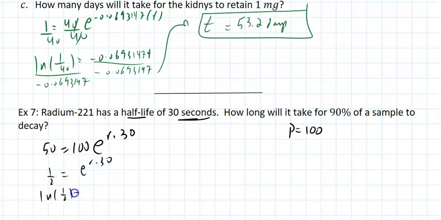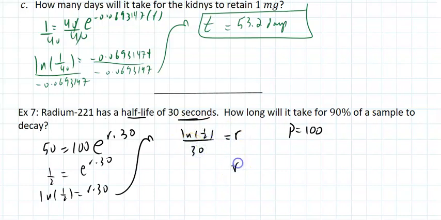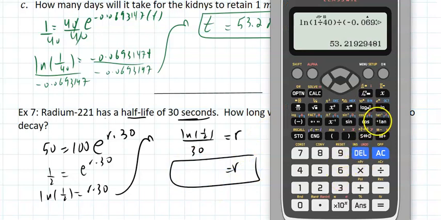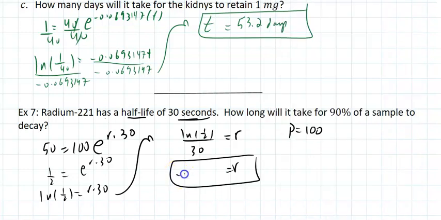Natural log of 1/2 equals r times 30. So r is natural log of 1/2 divided by 30. That would be negative 0.0231049.